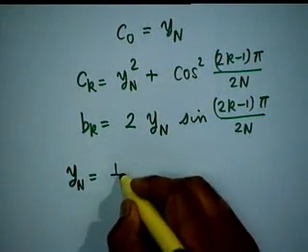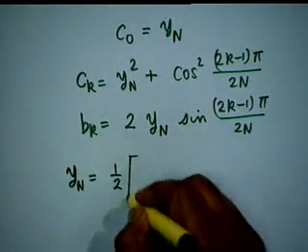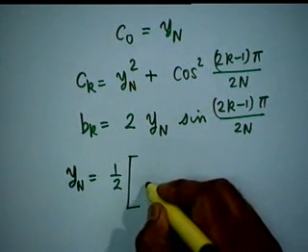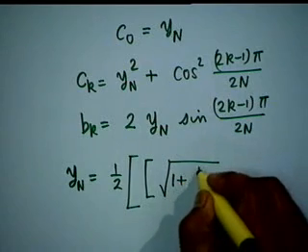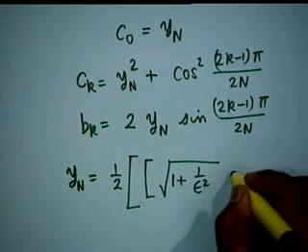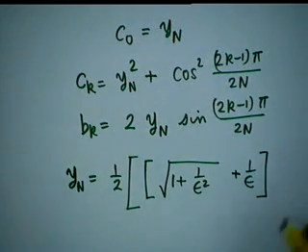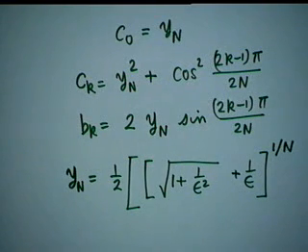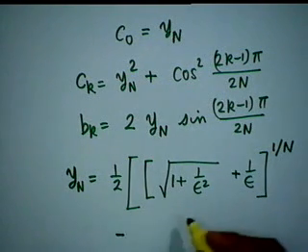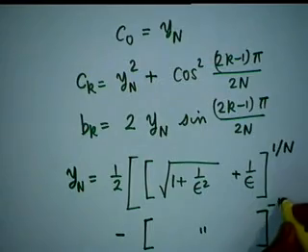Yn, this requires a little bit more calculation, but it is not too difficult. Yn is half of the curly bracket: square root of 1 plus 1 by epsilon square plus 1 over epsilon, to the power 1 by n, minus the same quantity to the power minus 1 over n.